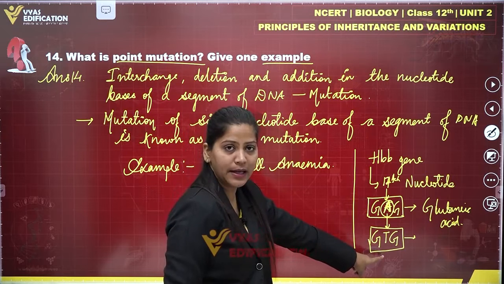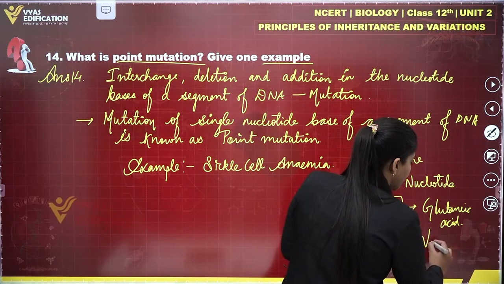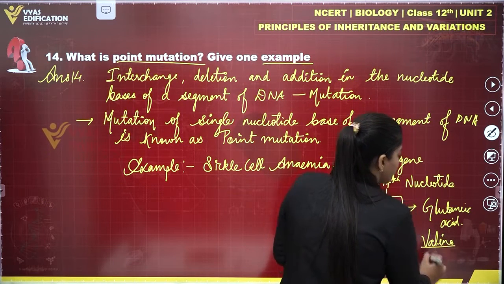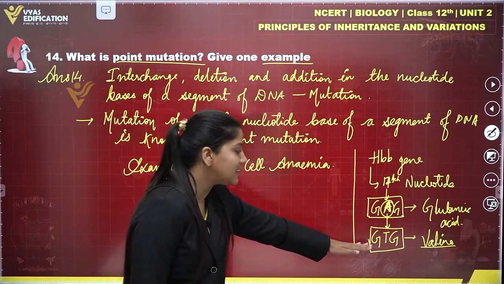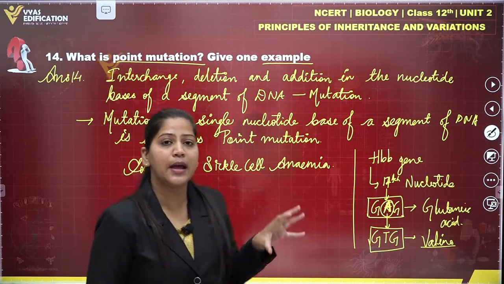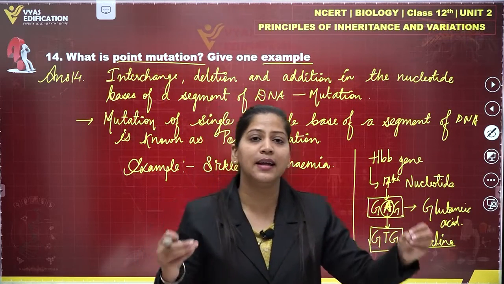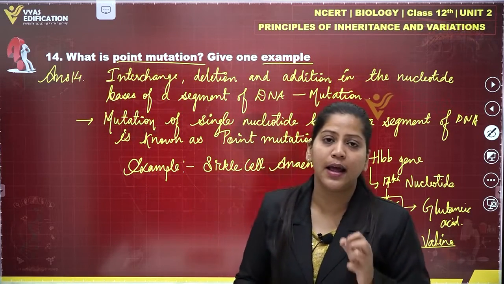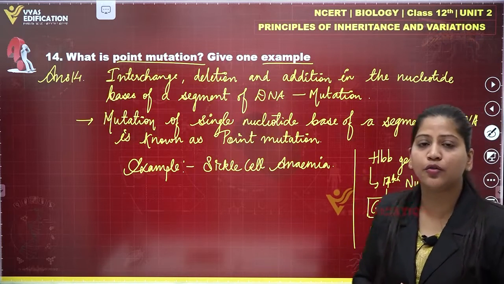This codon now produces another amino acid, valine, which is an abnormal condition. This produces erythrocytes in a sickle shape, and this disorder is known as sickle cell anemia. So this is the complete solution of question number 14.